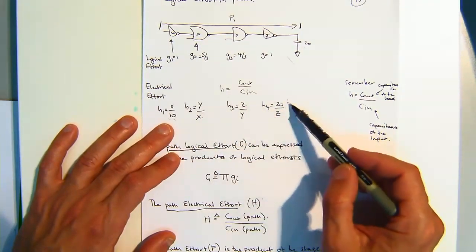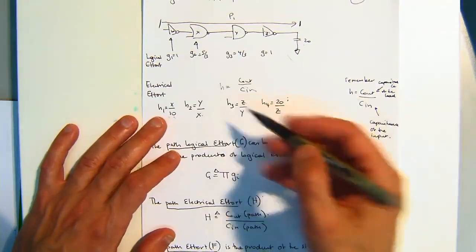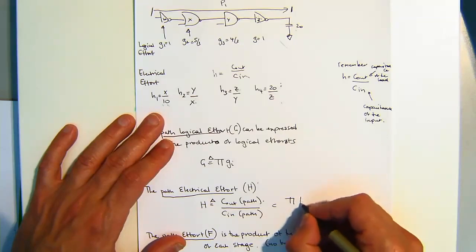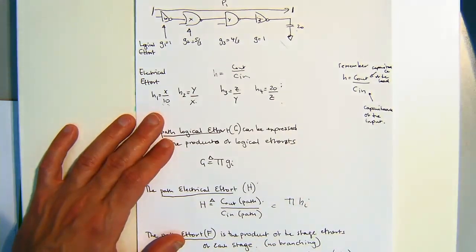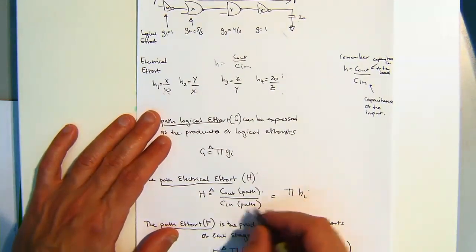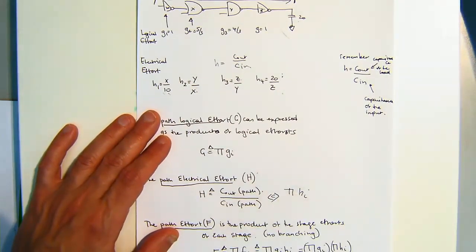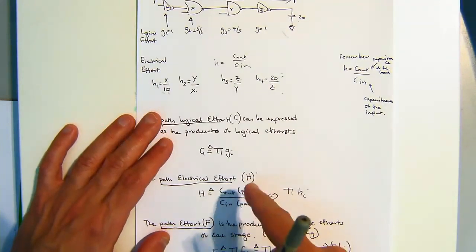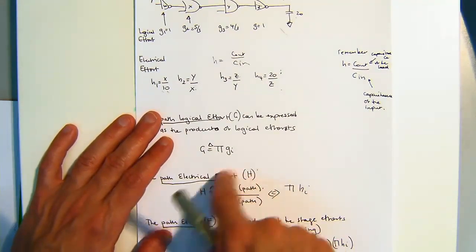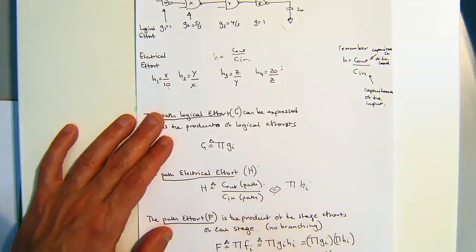The z's cancel out too, so you'll have 20 on 10. So therefore, it's essentially the same. It's the product of the HIs, but they all cancel out, and it turns out to be equivalent to the capacitance of the output of the path to the capacitance of the input.